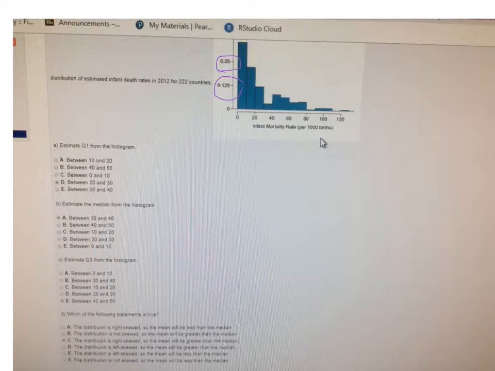So you can read 0.125 as 12.5%. Sorry, my stylus is a little messy. And so this 0.25 would be read as 25%. And so this bar goes up to probably about 35%, somewhere around that range at this top first bar.